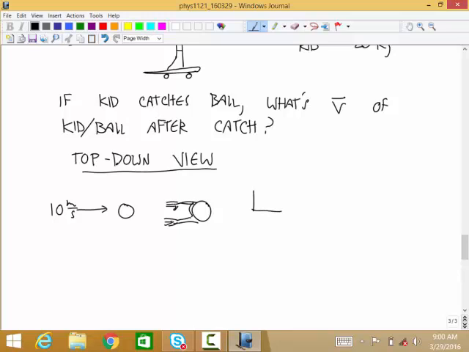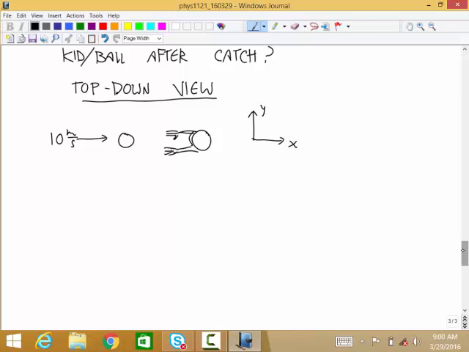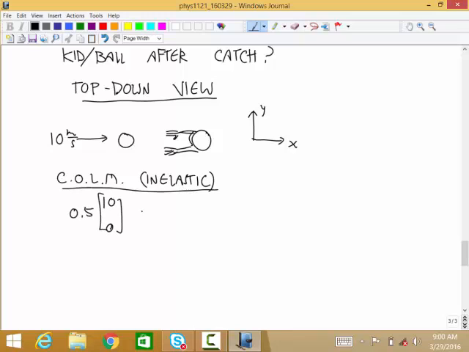And we'll use a coordinate system like this. So conservation of linear momentum with the inelastic simplification says the mass of the ball times 10, 0, plus the mass of the kid times the kid's velocity before the collision is equal to 0.5 plus 20 times their velocities after the collision.